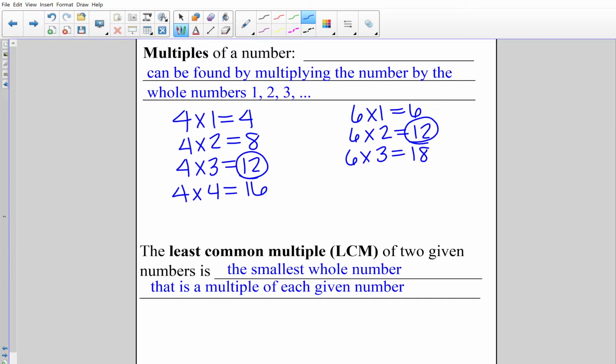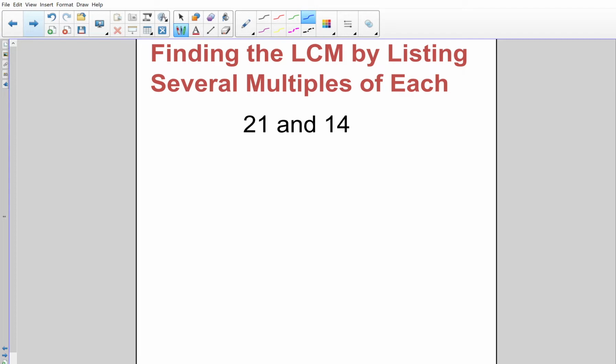Those two are the same number, so our least common multiple for these two sets of numbers would be 12 in this instance. So we're looking for the first number that they have in common that's found through multiplication. We'll use this to find common denominators and other things like that, which is going to be really, really important today. So let's do some more practicing with finding the least common multiple.